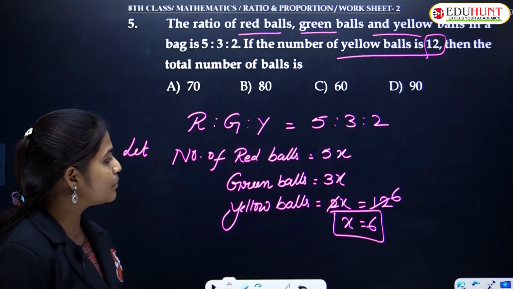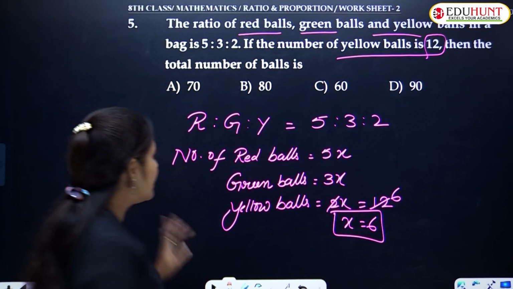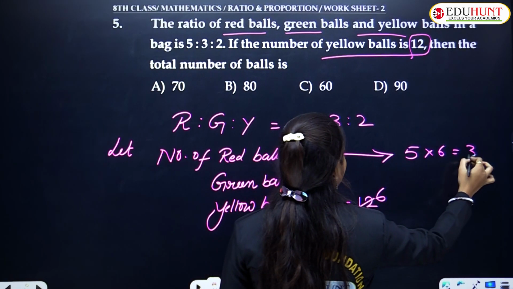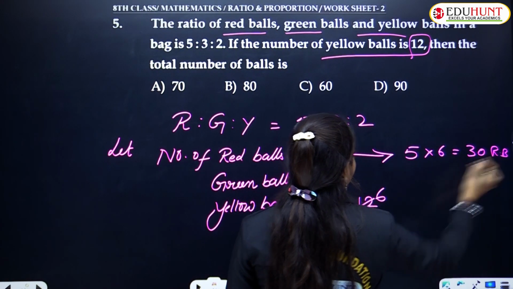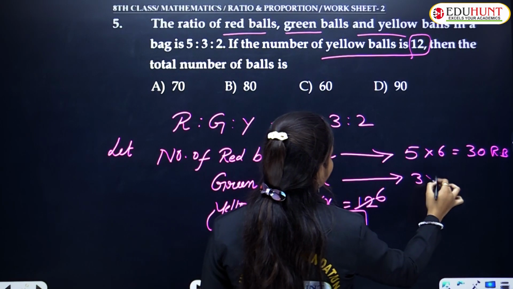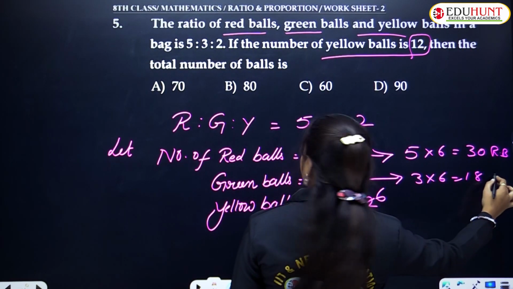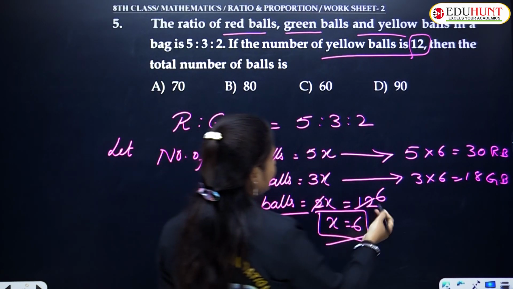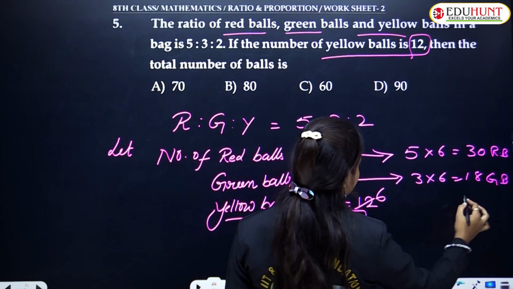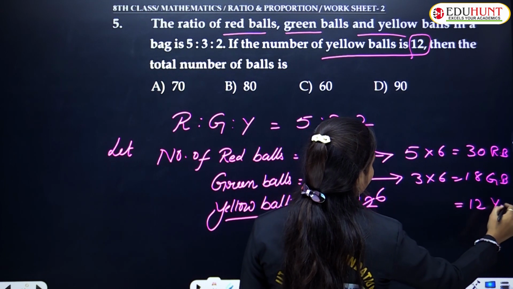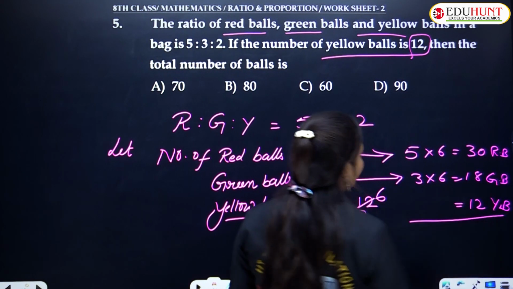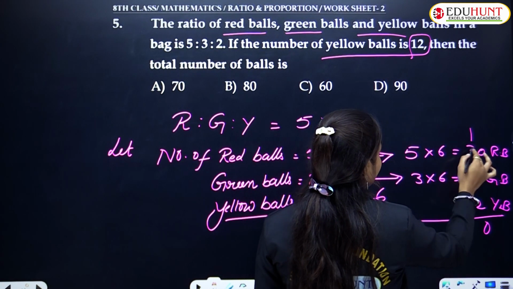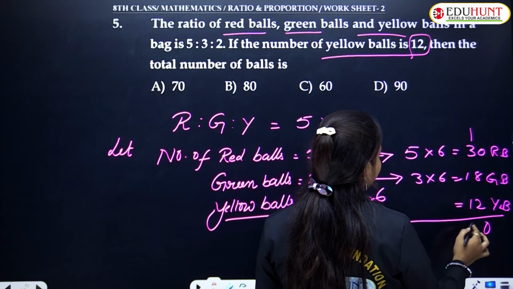Now what they are asking? Total number of balls. So how many red balls are there now? 5 into 6 is equal to 30 red balls. Next, 3 into 6 is equal to 18 green balls. Already they given that yellow balls is equal to 12. Totally how many balls are there here? 8 plus 2 is 10, 3 plus 1 is 4, 4 plus 1 is 5, 5 plus 1 is 6.